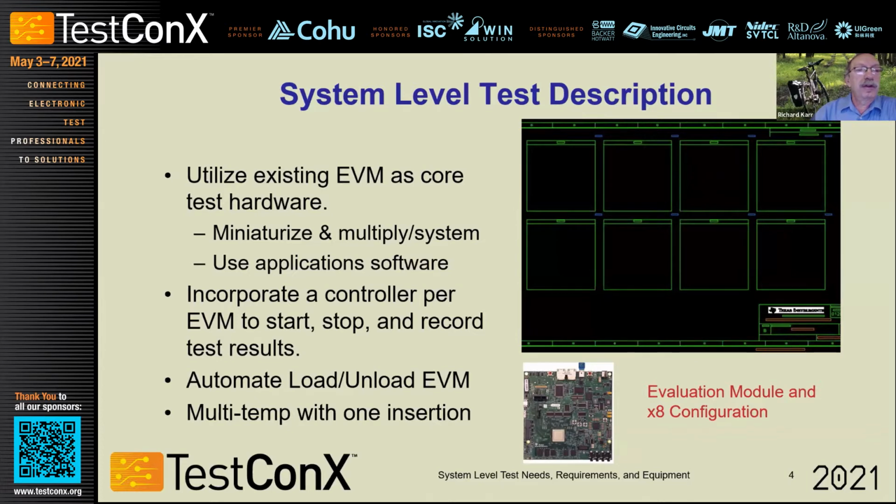So the graphic shows the full-size EVM on the bottom of the slide that we're using, and in the upper portion of the graphic we decided to try to place 8 of these miniaturized EVM versions onto a motherboard to increase our parallelism.